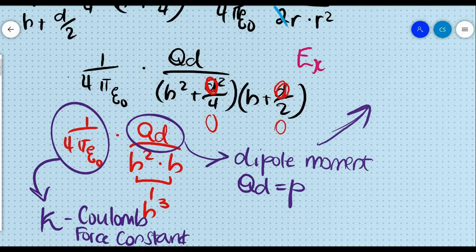Okay. EX is equal to KP over H cubed. And that's our final equation. And yeah, we're done. So that's how you derive the equation for the electric field due to a dipole.